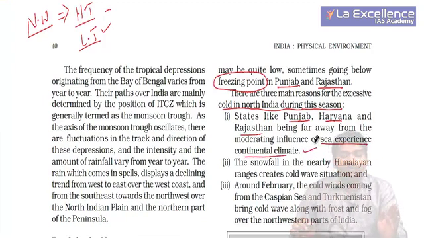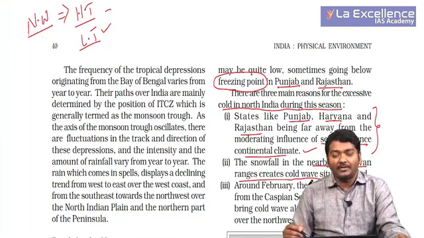I have told you, if you are closer to the sea, you will usually observe sea breeze and land breeze which moderate temperature, but here it is different. Two, the snowfall in the nearby Himalaya ranges creates cold wave situations. Snowfall means extreme low temperature, which means high pressure, winds blow from mountains onto land, and this makes the entire climate cool.